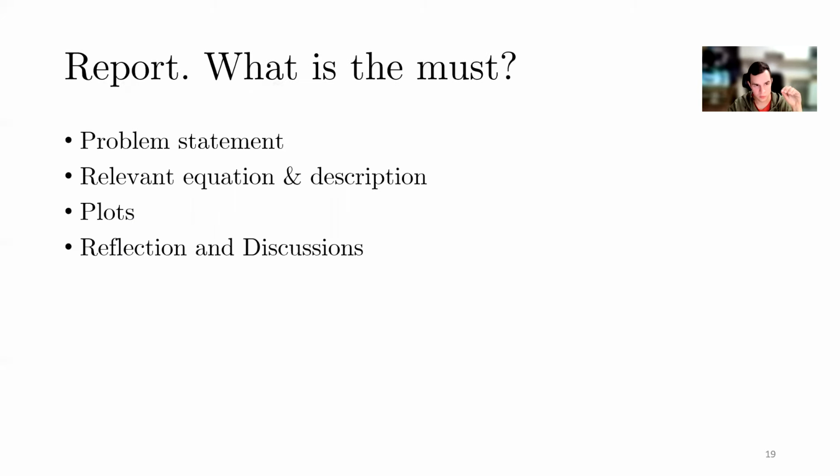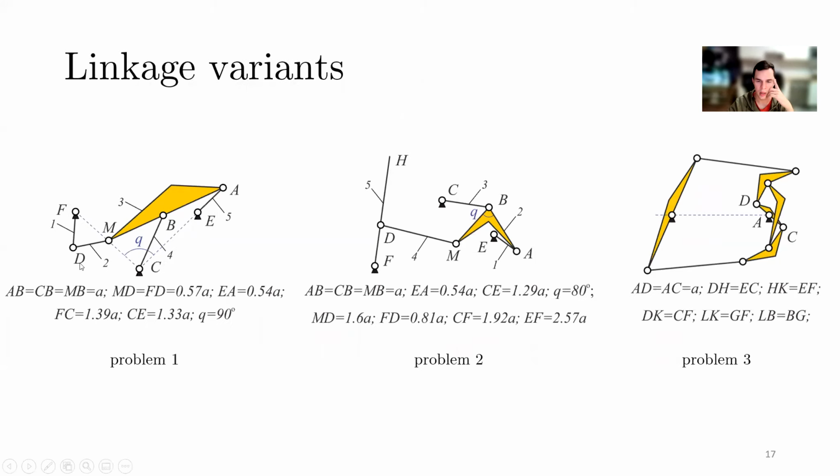So you do the problem statement. For example, this HF is obviously a rocker, not a crank. It's not able to do full rotation. You can do a plot of angular displacement and show it. Yes, it's obviously not a crank. It's able to do only 30 degrees of motion, right?